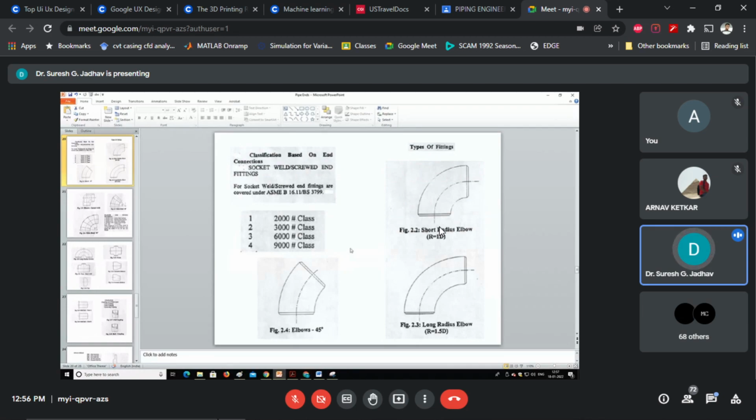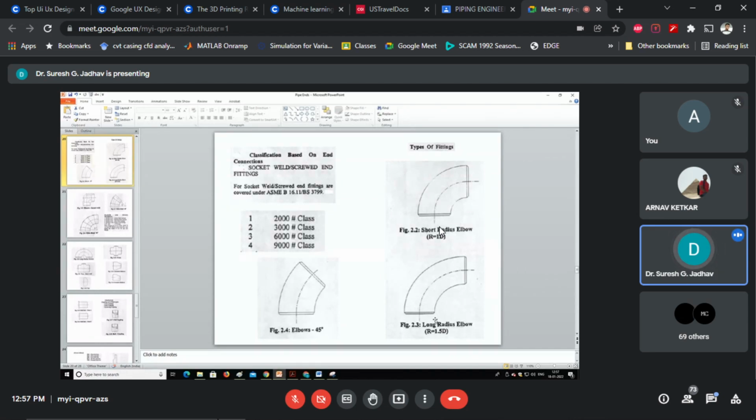The corresponding pipe thickness for this class is schedule 80 or XS. So here pipe thickness can be found out based upon schedule 80 or XS.